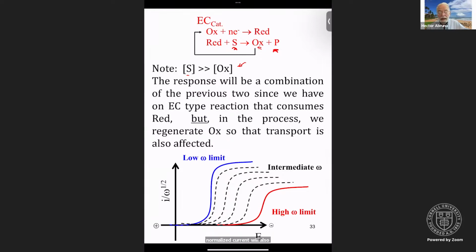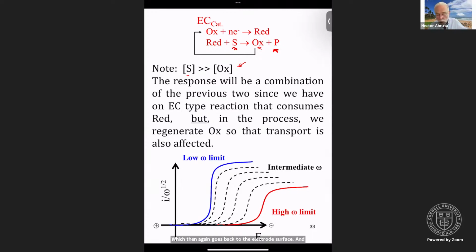And so we have, in essence, a combination of EC and CE processes. We can think this is clearly an EC process, but then the second one would be basically CE, since it affects the regeneration of ox, which then again goes back to the electrode surface.